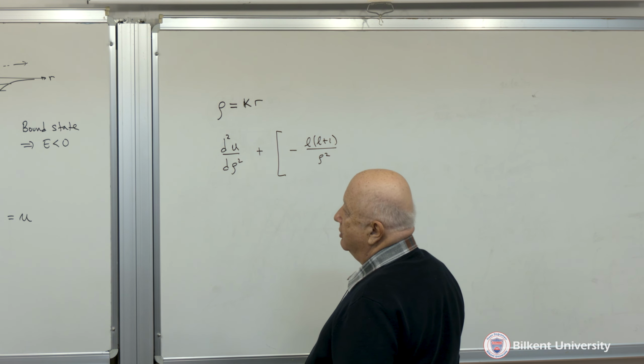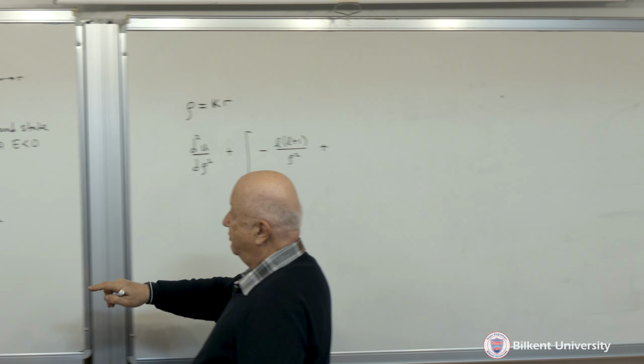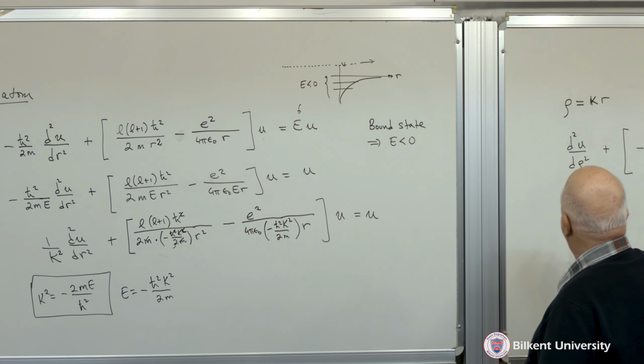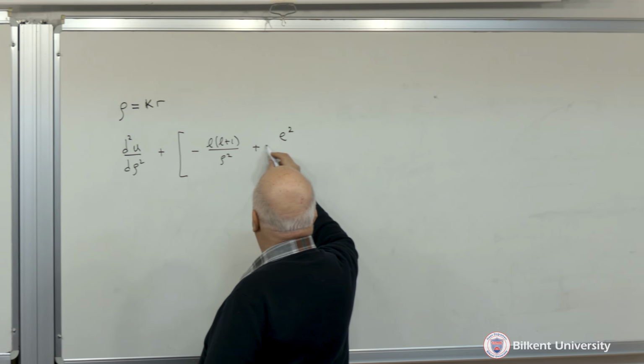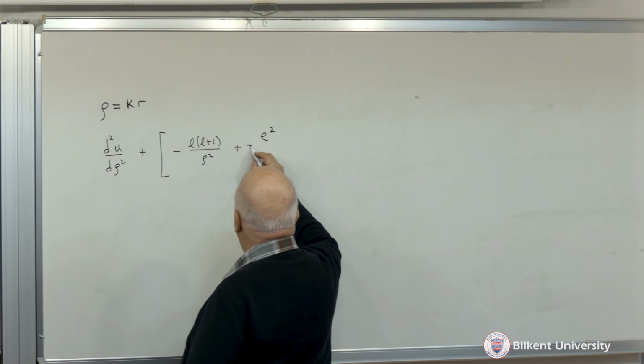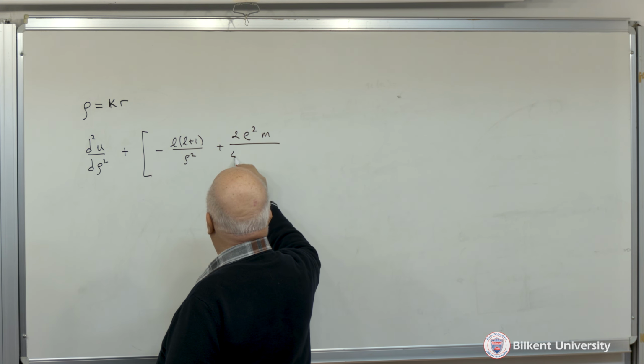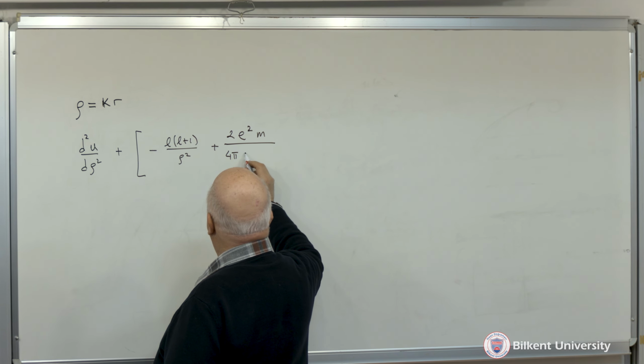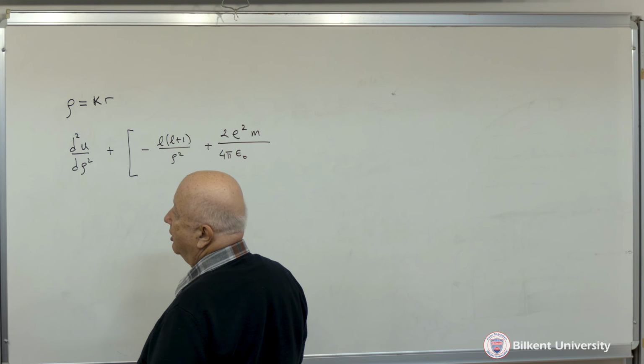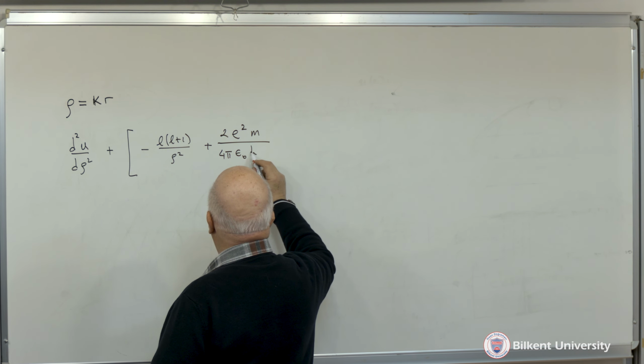Finally this last term, which is going to be plus, because I have a minus here, e squared over, there's a 2m in the numerator, 4 pi epsilon 0 h bar squared.